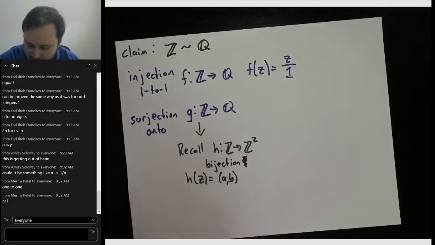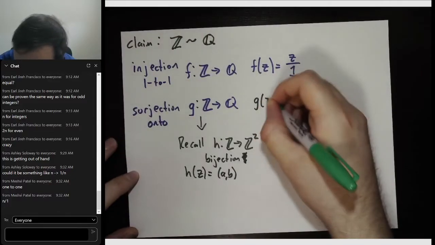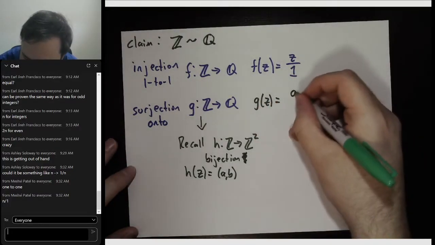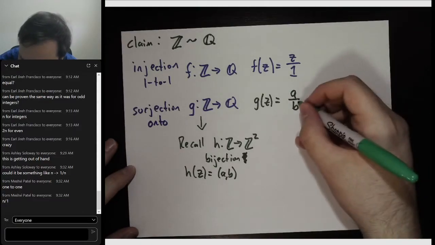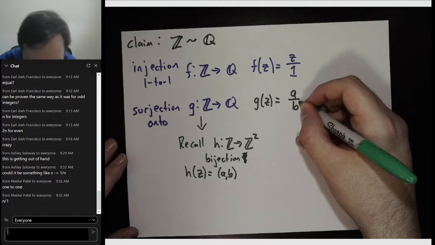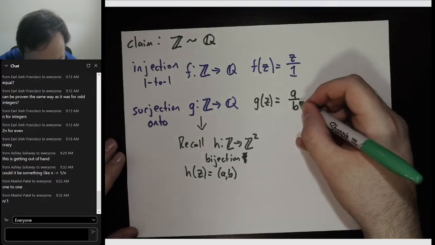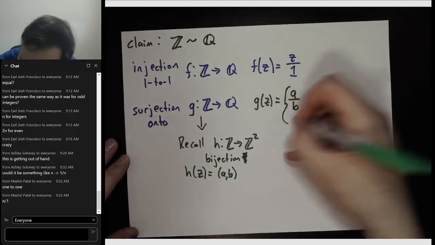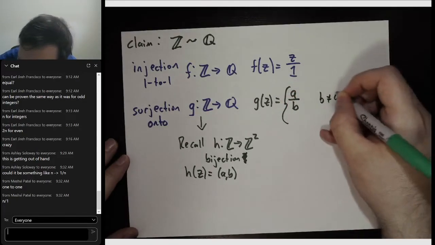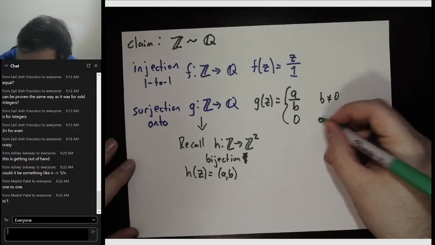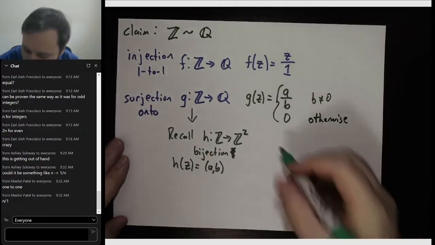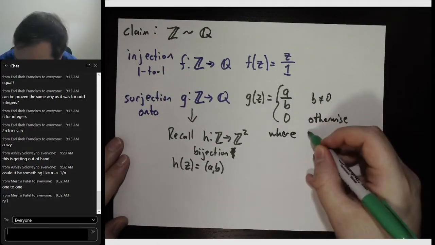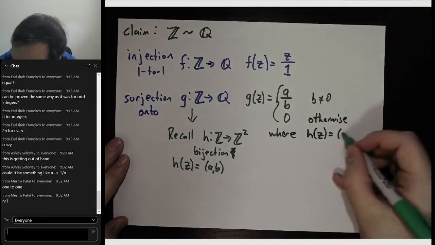My g of z is going to be a over b. Let's say a over b if b is not equal to 0 and 0 otherwise. I just want to make sure that I'm defined where h of z is equal to (a, b).